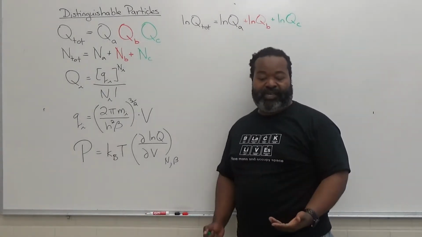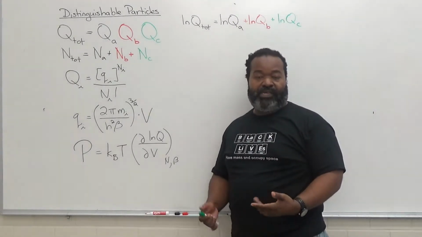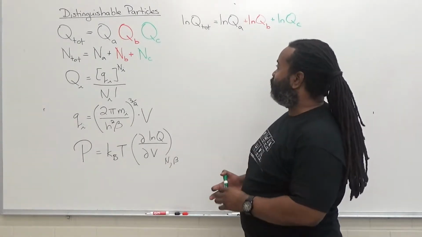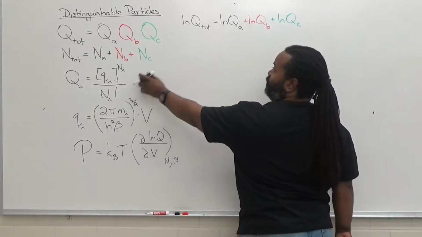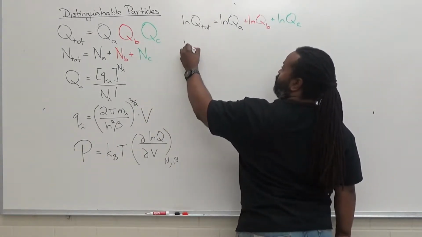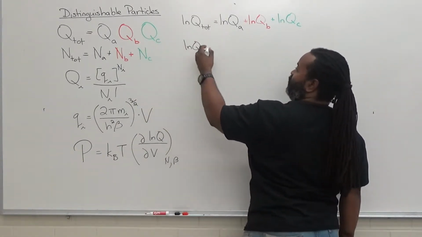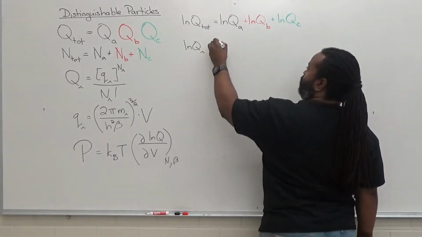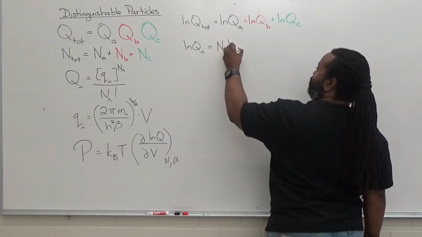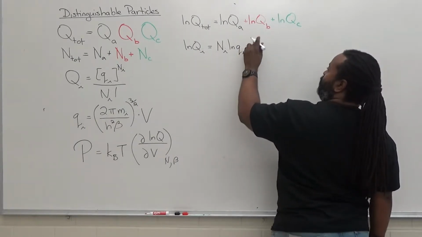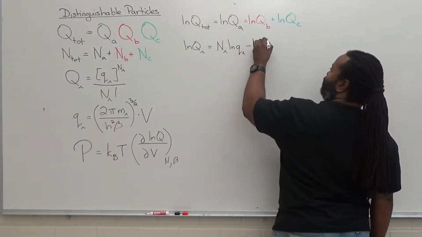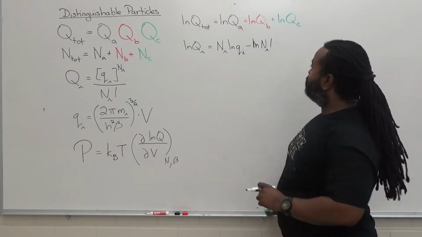So once we have all of that in place, then we can break that out further, recognizing that for each of these individuals, this rule is in place. So for any individual, we're going to have the following breakdown. That's ln of the individual n factorial.